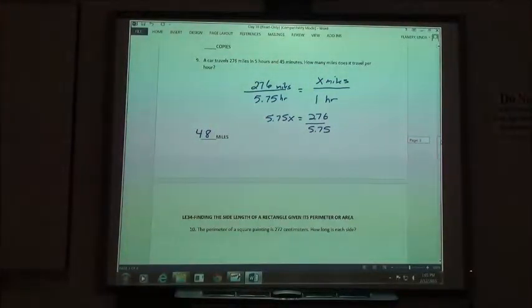Minutes and seconds, those are normal ones. But every once in a while they'll throw in hours and days in there. Let me write that down. 0.5 is a half, 0.75 is 3/4.